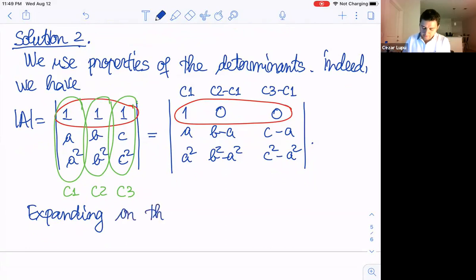Now expanding on the first row, we have the following.